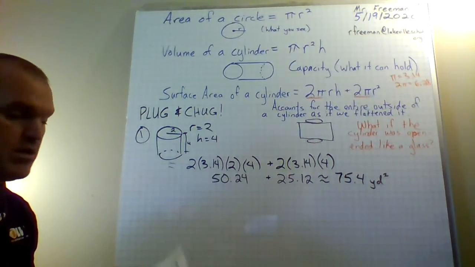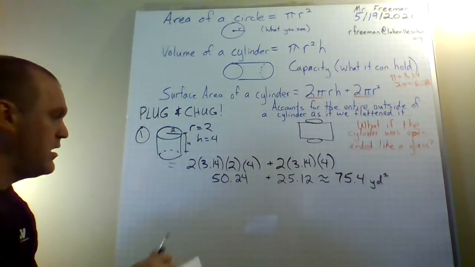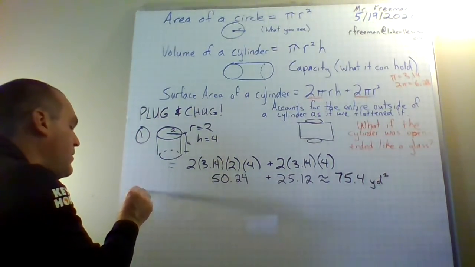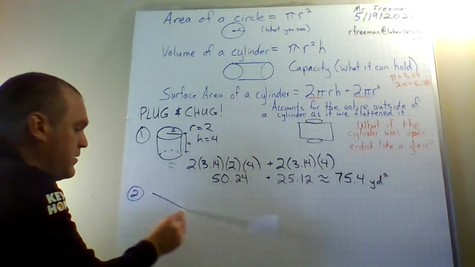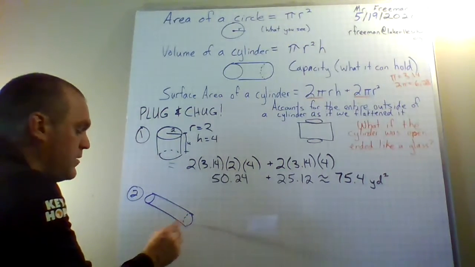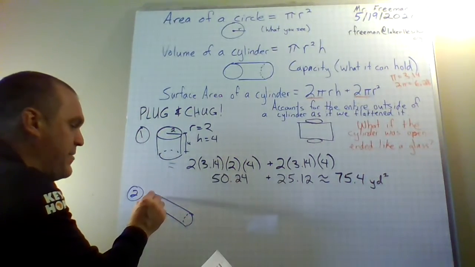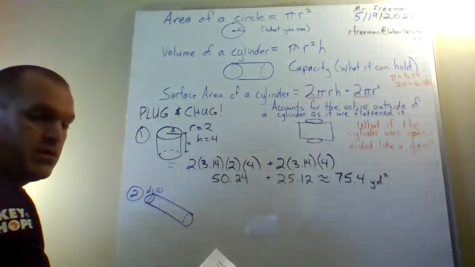Okay, I think I can do number 2 and still be on this screen. We have a longer cylinder, and it tells us a diameter this time of 10. We don't like diameter.